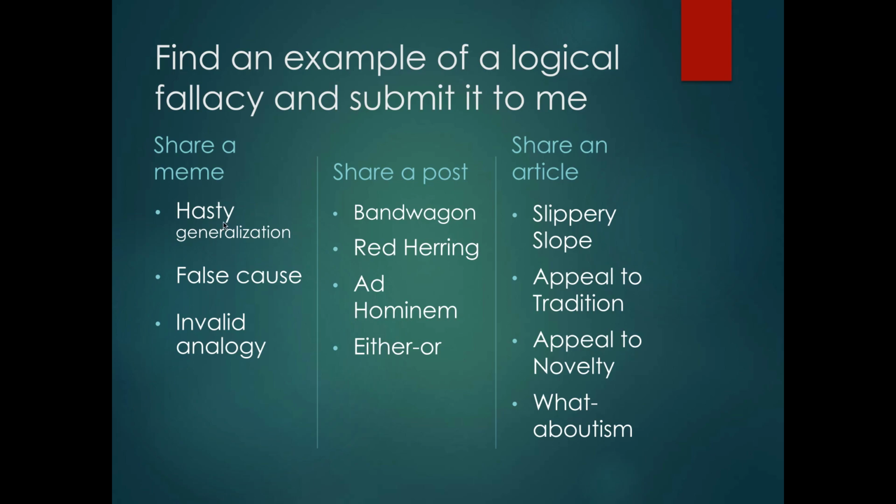So it can be a hasty generalization, bandwagon, slippery slope, red herring, false cause, ad hominem, appeal to tradition, invalid analogy, either or, appeal to novelty, or whataboutism. You find one of these, and then you put it in a document and you upload it to that assignment along with your identification. So if you find a slippery slope argument, then you call it a slippery slope argument and you explain why the argument that you found is a logical fallacy called the slippery slope. If it's a red herring, explain why it's a red herring.